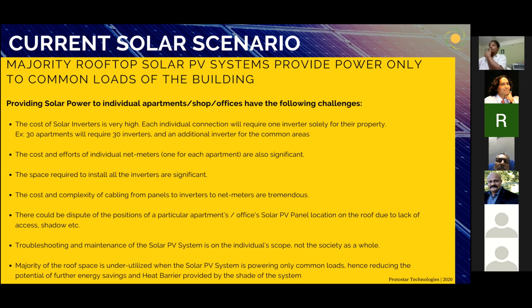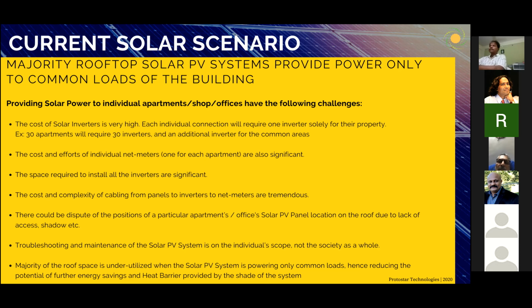Solar inverters: if you're going for a 1 kilowatt inverter, it may cost around 20,000 rupees. Then if you go for a 50 kilowatt inverter, it may cost probably, Chetan is better to answer that, but just giving you an arbitrary number, approximately 70,000 or 80,000 rupees. So you're essentially getting 50 times the kilowatt rating, but the cost is going up only 4 times.